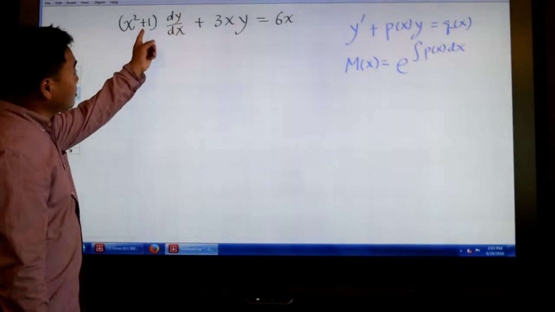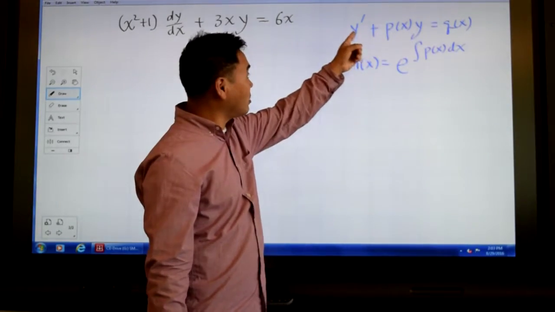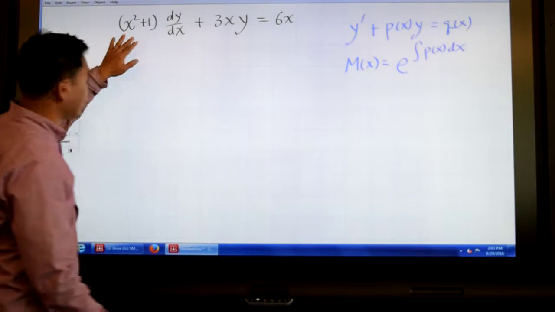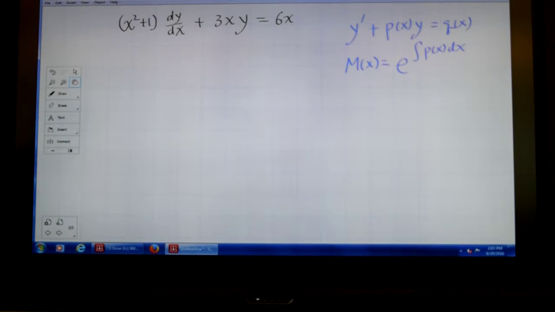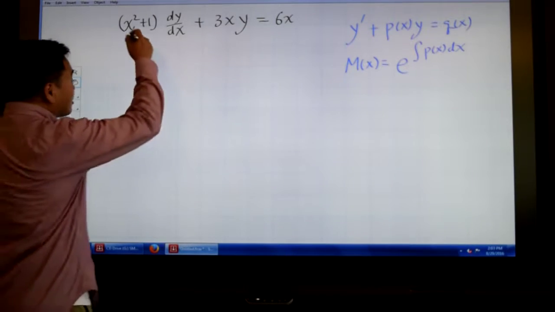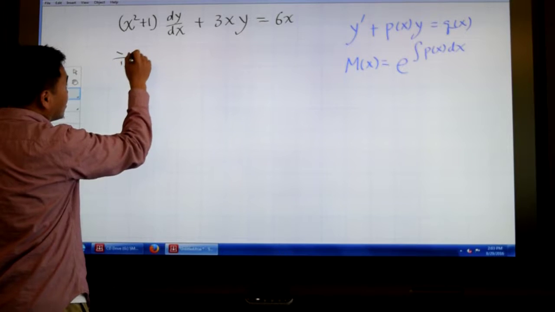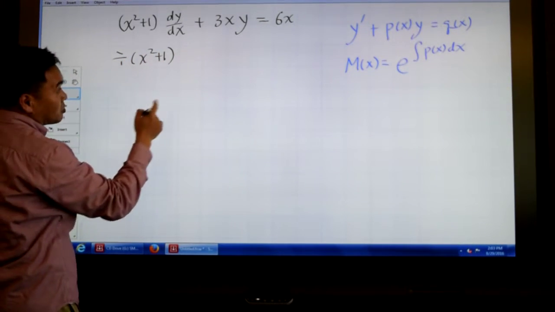Now if you compare this given equation with the original formula, you see that y prime here has only 1 as its coefficient, whereas you have x squared plus 1 as its coefficient. So in order to harmonize the two, I better divide everything by x squared plus 1 to be able to use that.